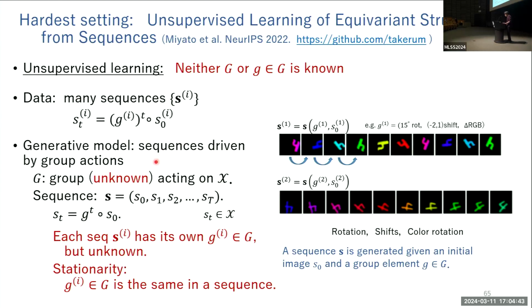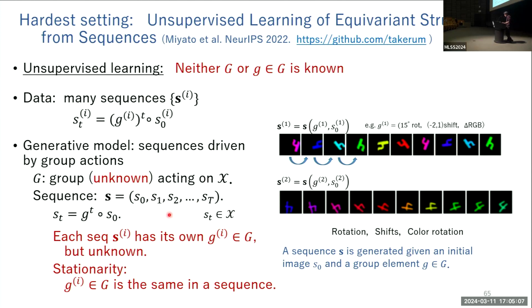A generative model of the sequences is given in this way. The group G is acting on X, but we don't know which group acts on X, or the way of action is not known either. Our assumption here is that we know some group is acting in some unknown way, very vague.